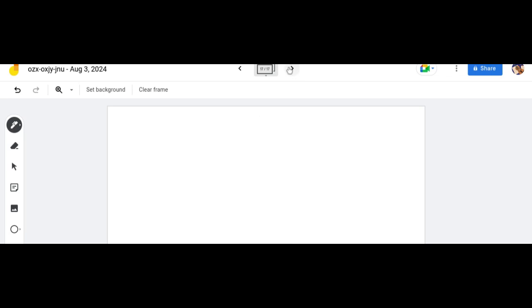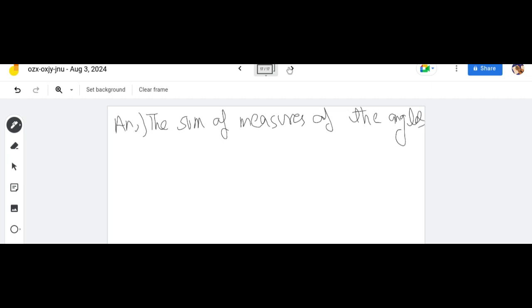The sum of the measures of the angles of a convex quadrilateral is 360.